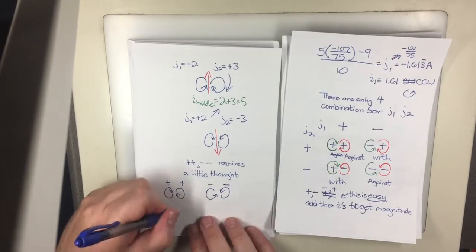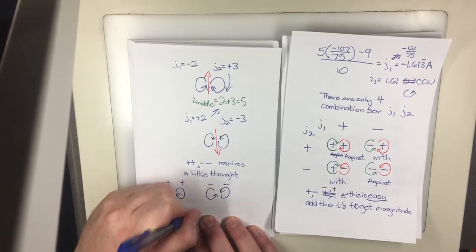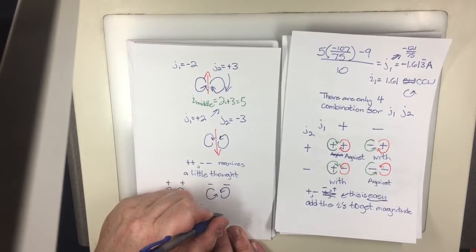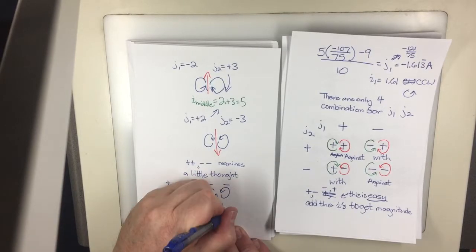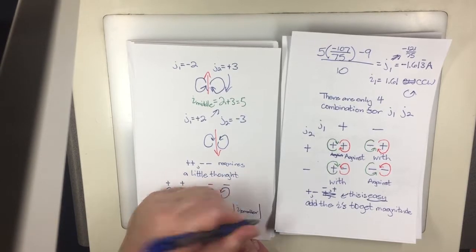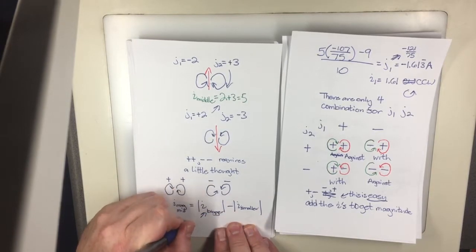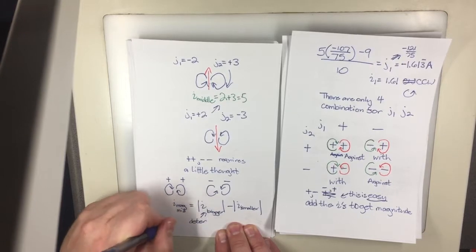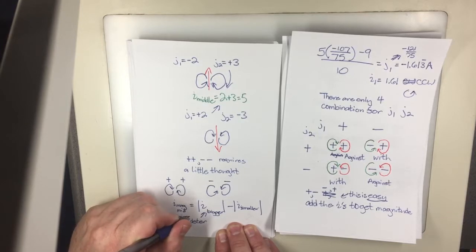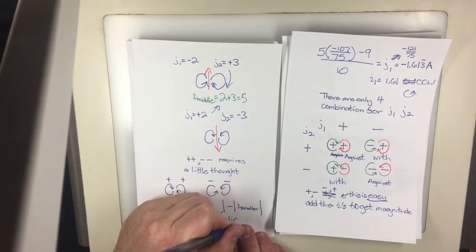So what you do is, that current magnitude through the middle is equal to the bigger one minus the smaller one, because the one that's bigger determines direction.